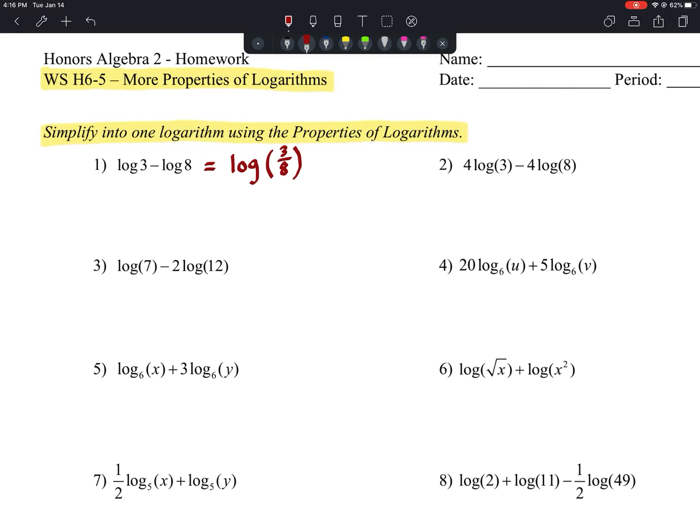So number 2, it says 4 times the log of 3 minus 4 times the log of 8. Well, the first thing we have to take notice of is each of these logs has a coefficient. So we're going to need to use the power property of logs, and we're going to have to move that 4 back up as the exponent on each of those.